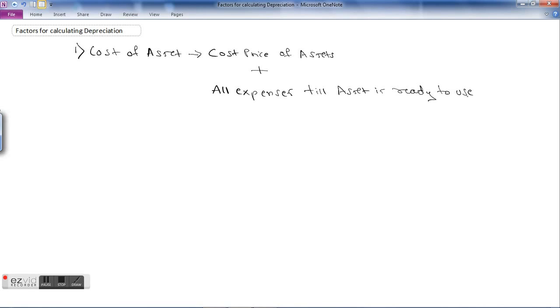All the expenses incurred till the asset is ready to use are also included in the cost of asset.